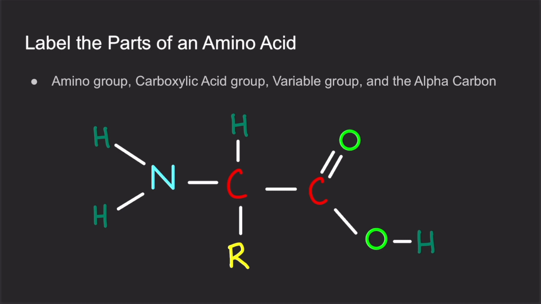So what is a protein monomer? Well, that's going to be our amino acids. That's going to be kind of our smallest part. We put a bunch of these amino acids together and that gives us our protein. But that's a little bit further down the line. Let's zone in on what it is to be an amino acid.